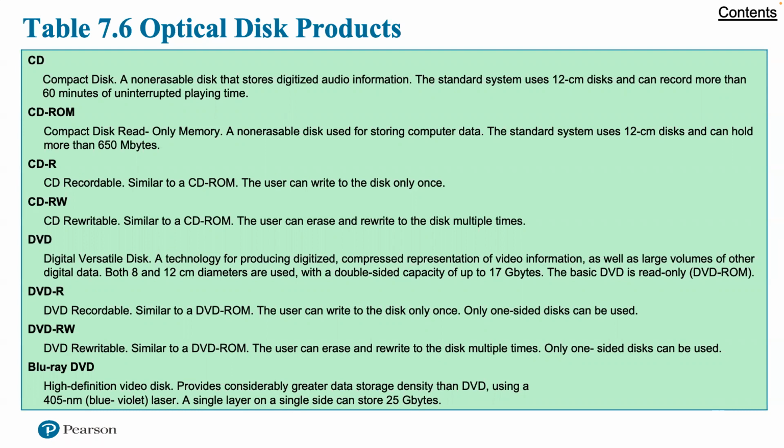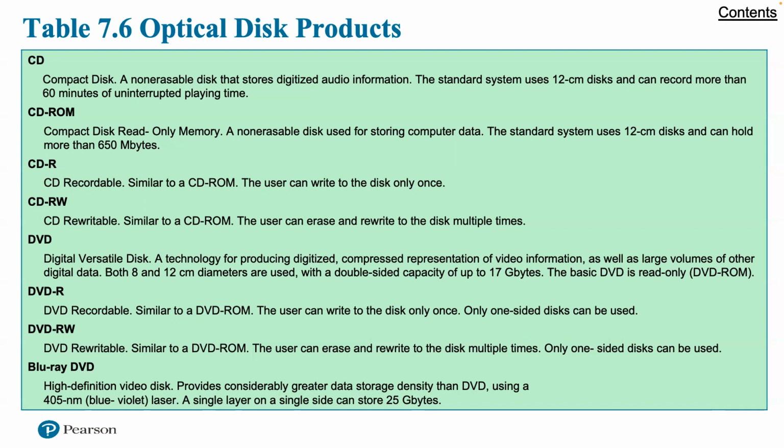In 1983, one of the most successful consumer products of all time was introduced: the compact disc, CD, digital audio system. So instead of having cassette tapes, you can have a CD. The CD is a non-erasable disc that stores more than 60 minutes of audio information on one side.